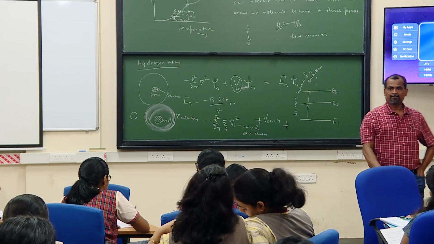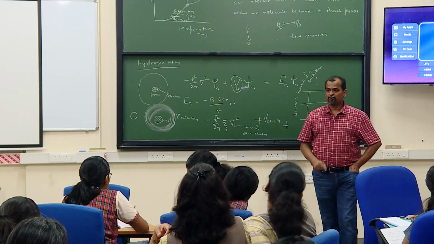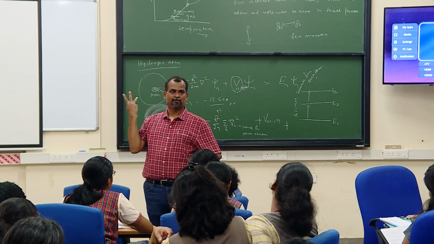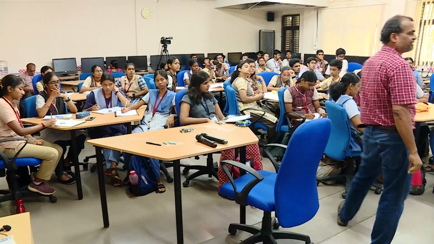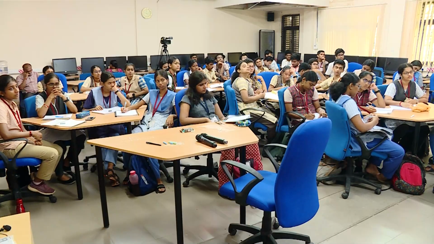Plus, so this is electron-ion, and this is an attraction. Do the electrons love each other? They hate each other, right? They try to repel each other. Therefore, there is another term, electron-electron.